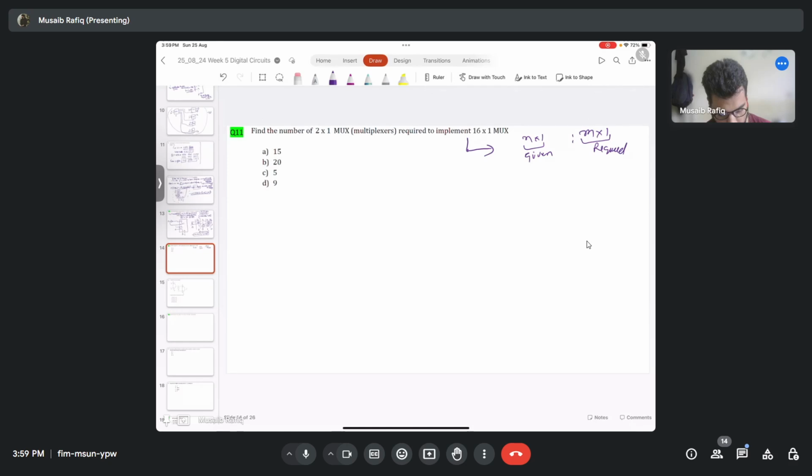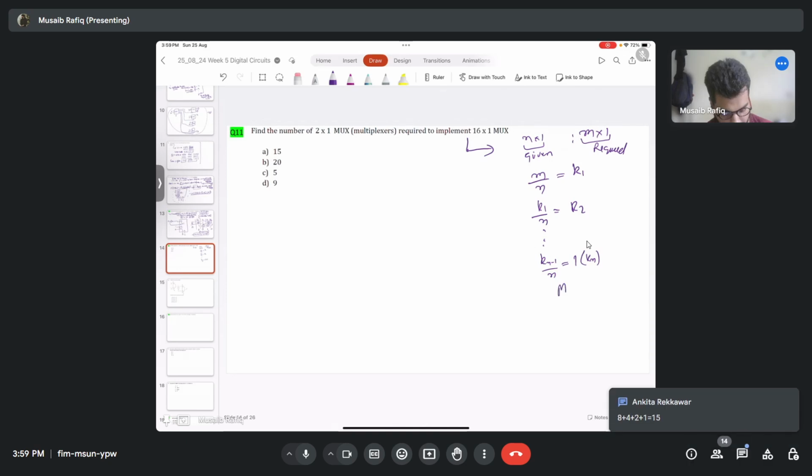What I'll do is I'll take m divided by n, I'll get a k1, then I'll divide k1 by n, I'll get a k2, and so on up to k(n-1) divided by n, I'll get a 1, which is kn, and the number of muxes required will be equal to the summation of ki's. As we saw in the decoders, a similar approach is taken here.